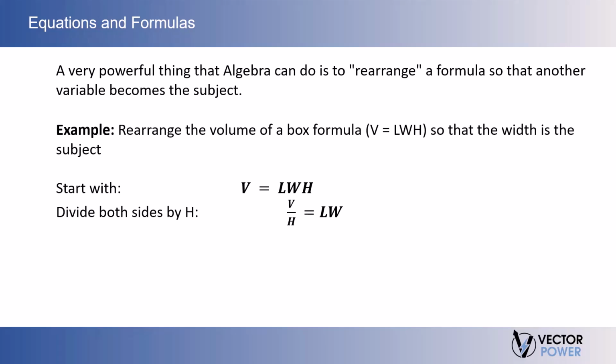We'll divide both sides by h. That would leave us with V divided by h equals LW. We'll divide both sides by L, and that would leave us with V divided by HL equals W. And now we'll simply swap sides. W equals V divided by HL. We've done it.